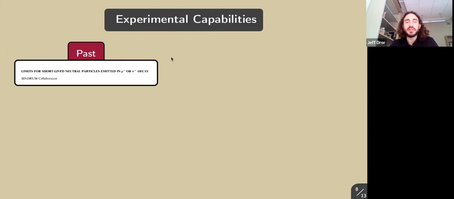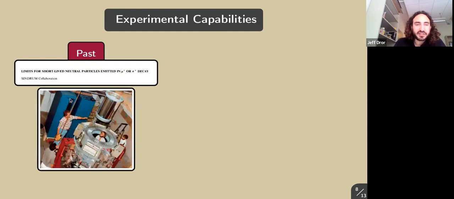The push that exists right now to try to look for this process was carried out by the SINDRUM collaboration. They were a collaboration situated at PSI, a facility in Switzerland, I believe, where they have a huge number of muons and pions, and they looked for light particles produced in that decay. Here you see the physicists that carried out this experiment, hard at work.